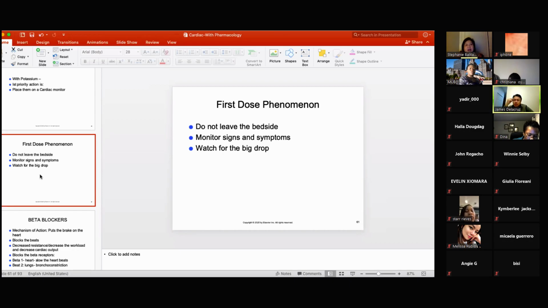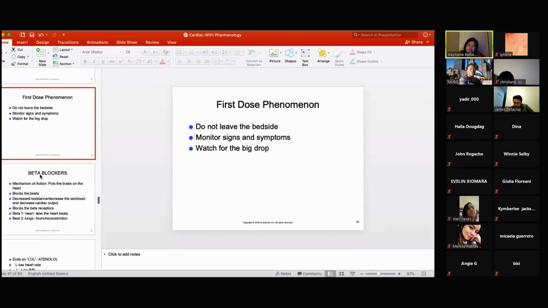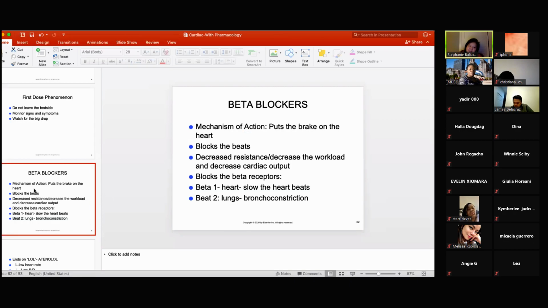I would say the first 15 minutes, you're just watching so there's no sudden drop. You're also watching for orthostatic hypotension, sudden changes in position. They could fall also.